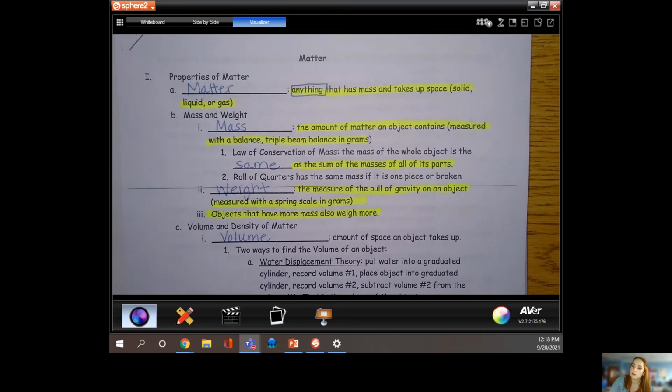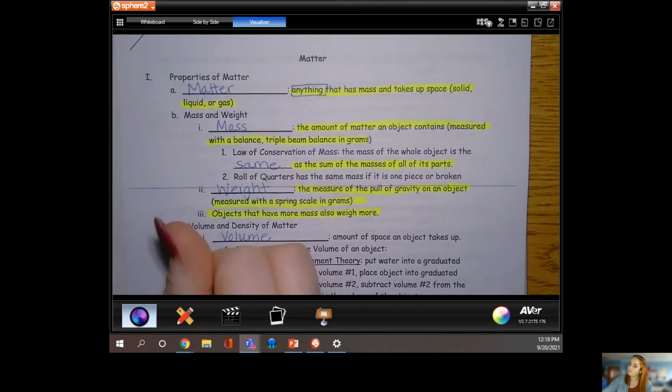All right. Okay, so we're going to stop there in the notes packet. We are going to do something with this tomorrow.